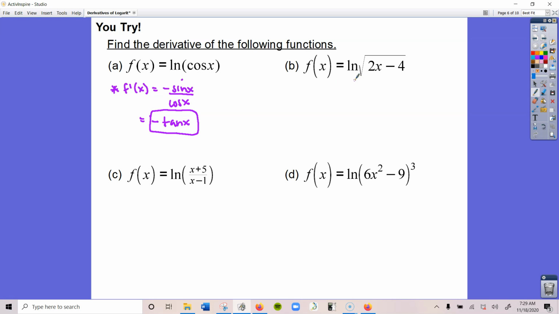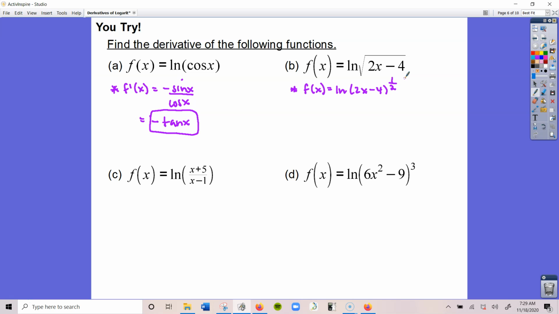For b, it's helpful to first rewrite this with the exponent. So f of x is equal to the ln of 2x minus 4 raised to the 1/2. Now when we're finding the derivative of ln, we could certainly apply the chain rule to the 2x minus 4 raised to the 1/2.